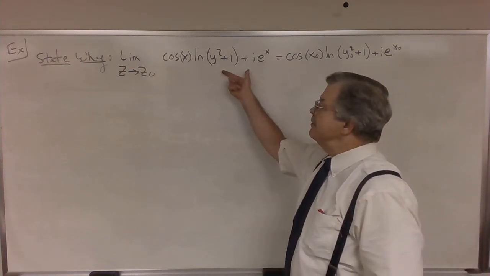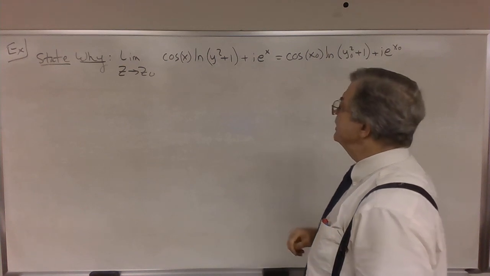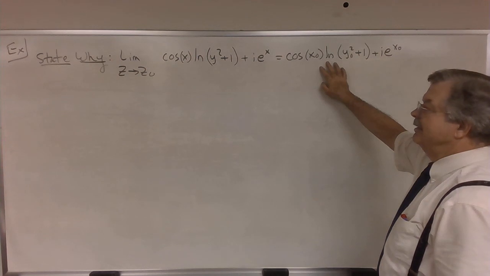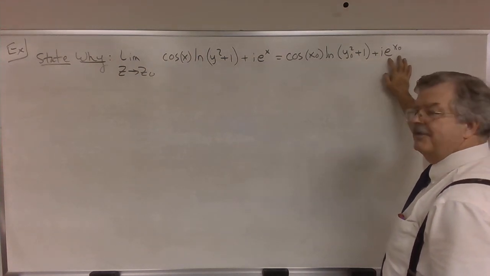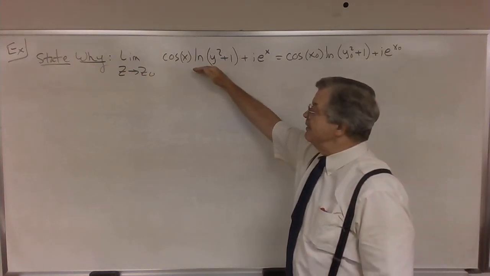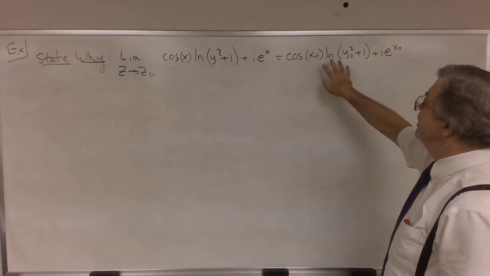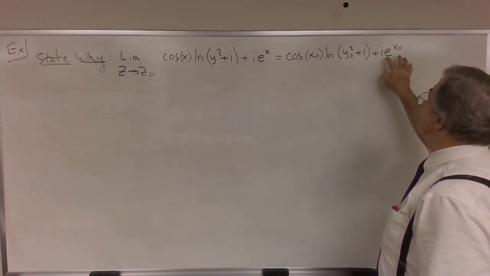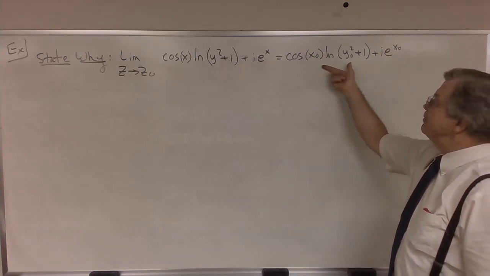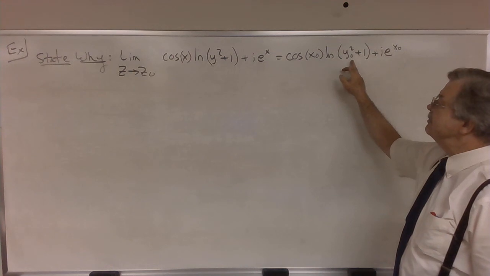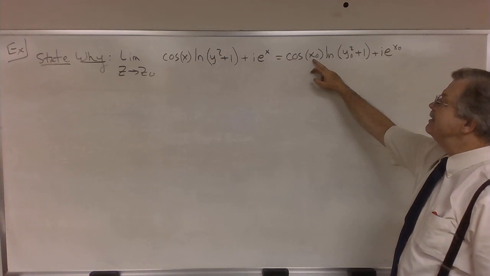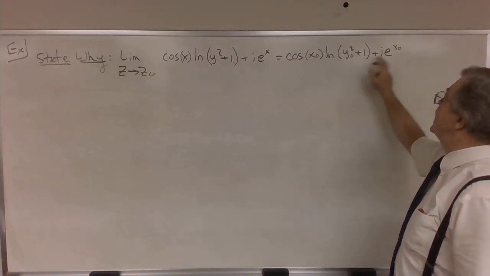We can compute the limit of this thing, and the limit exists if and only if the limit of the real part and the limit of the imaginary part both exist, in which case the limit of this entire expression is the limit of the real part plus the limit of the imaginary part. And these limits exist because these are continuous functions, which means we can compute their limits just by plugging in the values that x and y are approaching.